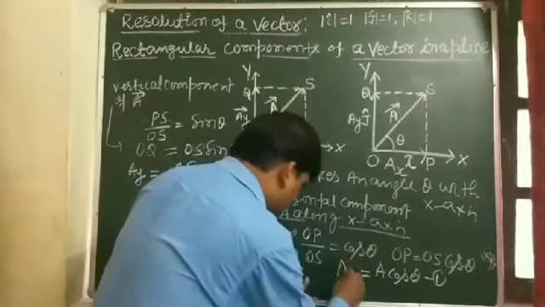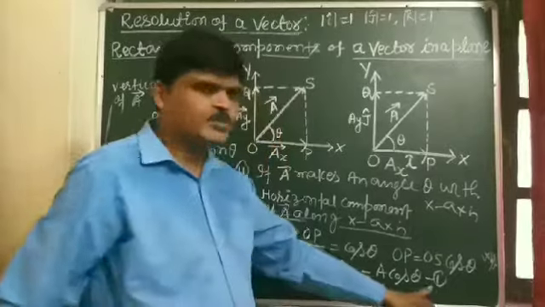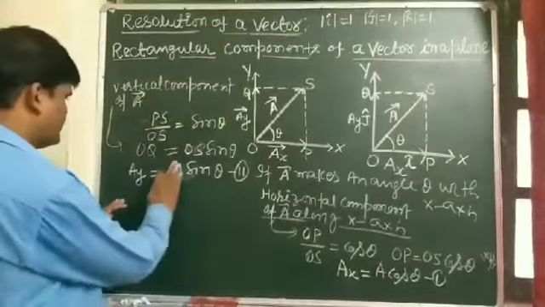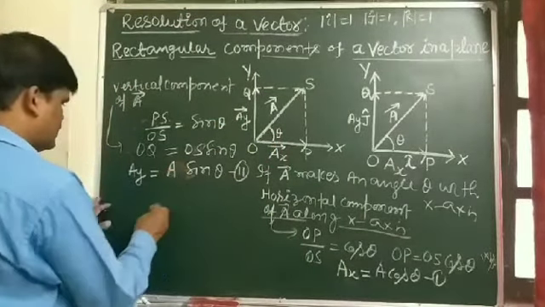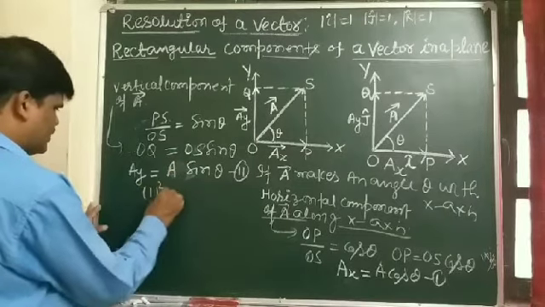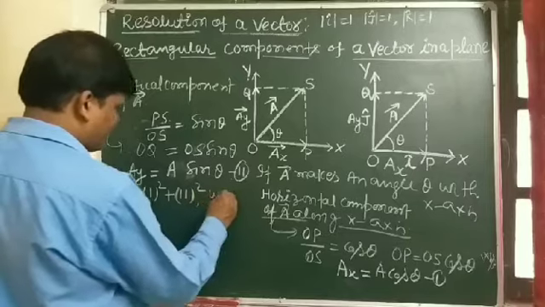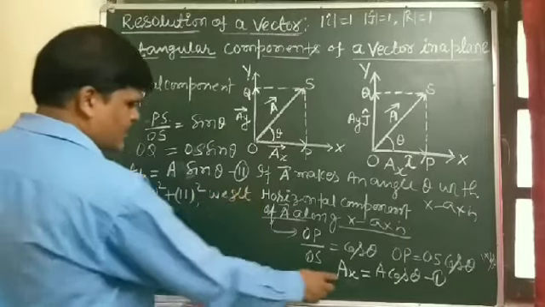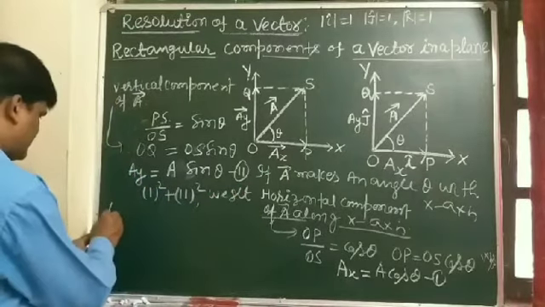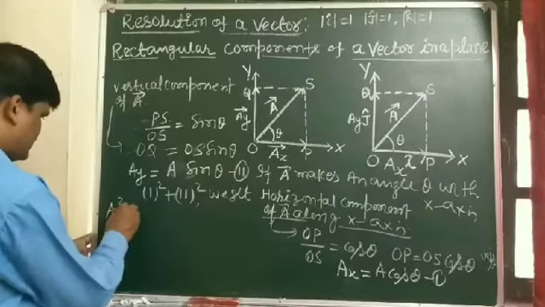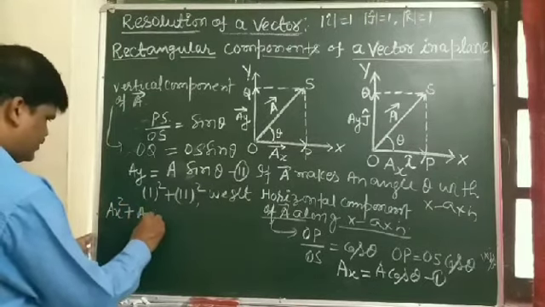Squaring equations 1 and 2 and adding, the left hand side is AX square plus AY square.